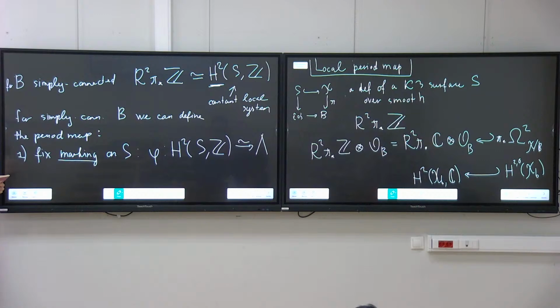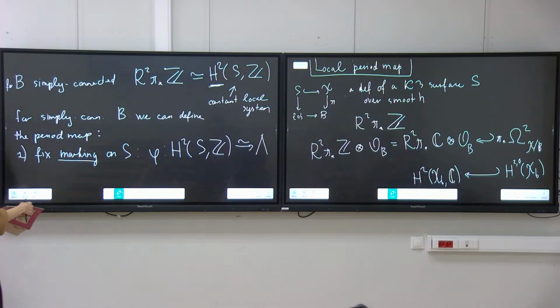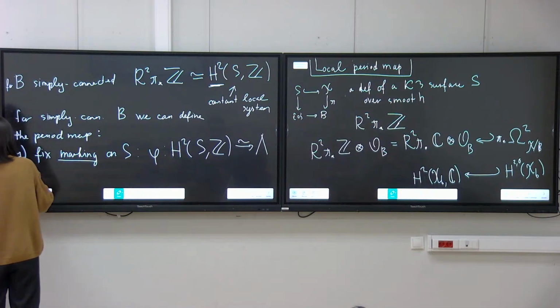And also next time we will discuss why for polarized K3 surfaces we have a coarse moduli space. So for marked K3 surfaces there is a fine moduli space, and for polarized there is a coarse moduli space. Okay, so we will see different examples of moduli spaces.